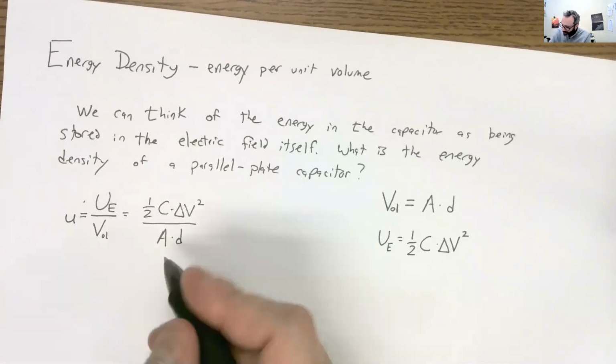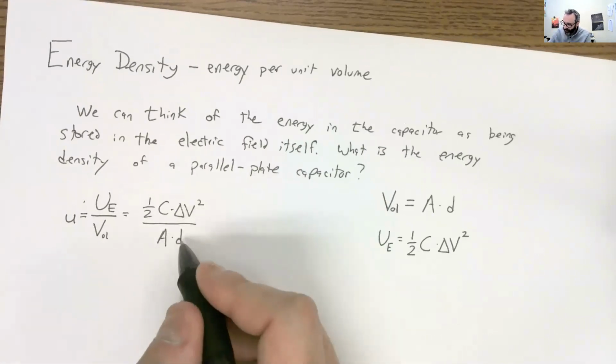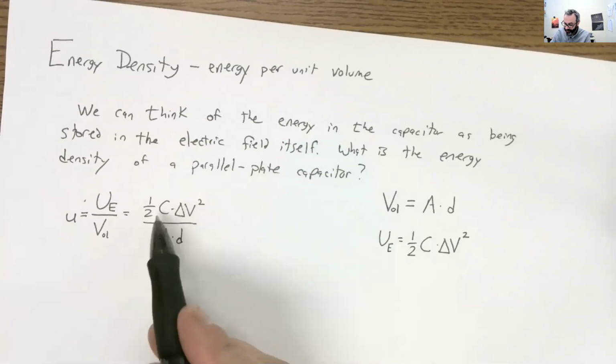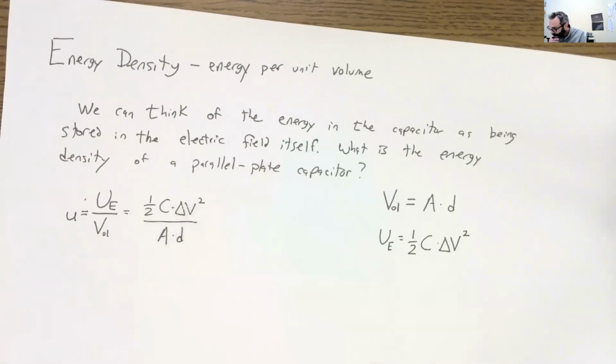Because the area and the distance also show up somewhere else in this. Yeah, the capacitance depends on the area and the distance. So could you factor, or cancel out, right?